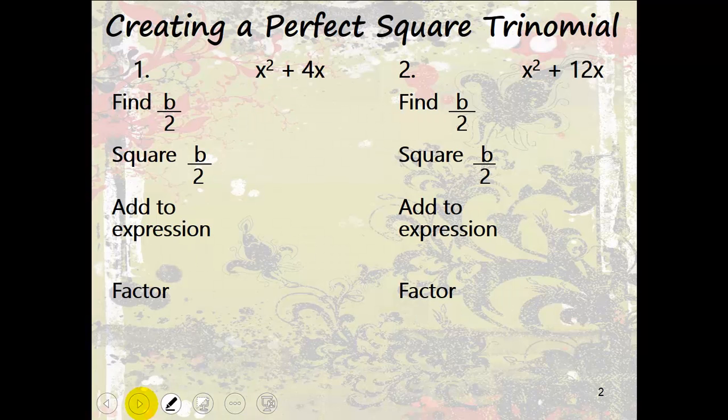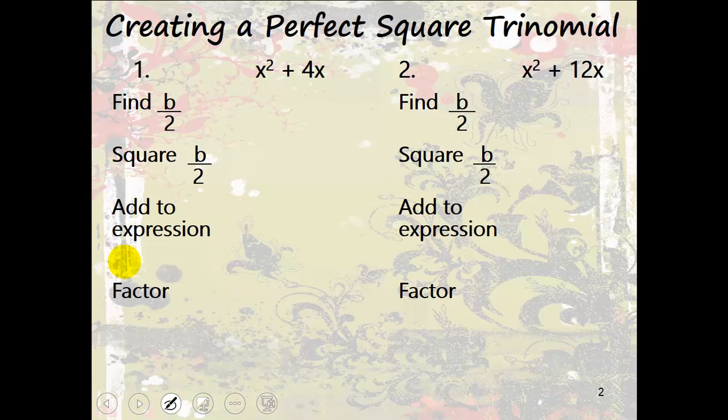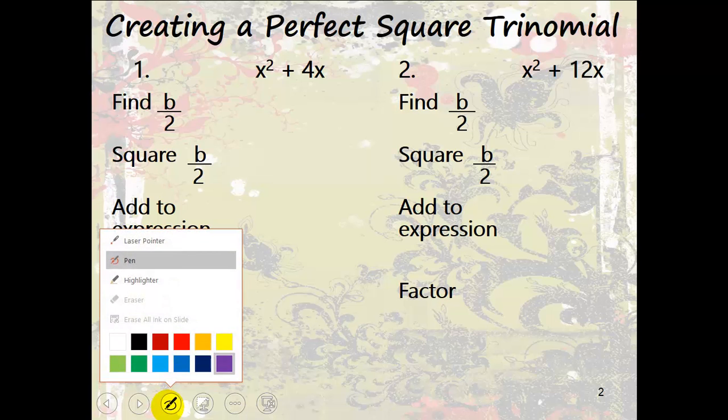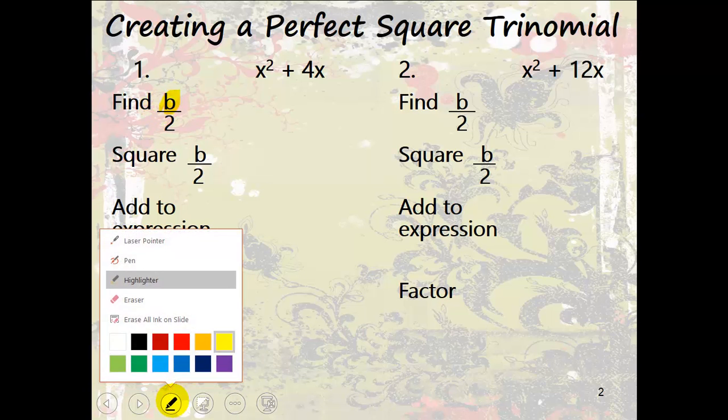So to create a perfect square trinomial, you follow these four little steps, and they almost become automatic after a while. So here's what we're going to do. We're using the same coefficients for A, B, and C, all right? We're going to take the coefficient B, and we're going to take half of it, divide it in half, okay?